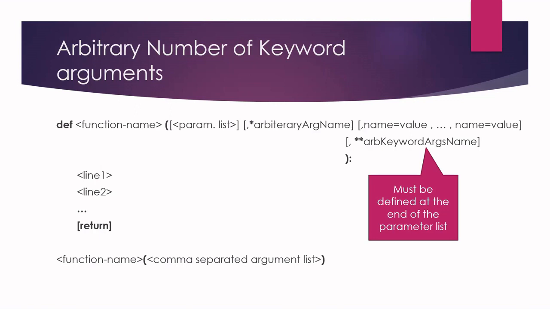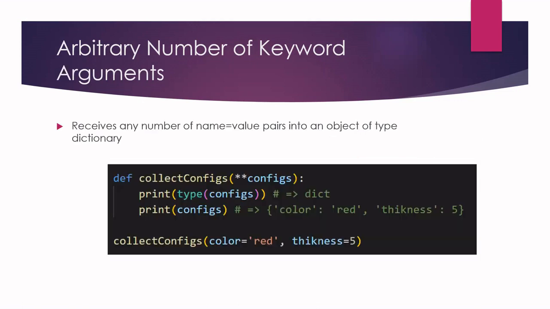Okay, so here when it's one star, it means that we are sending just values, a list of values or a set of values. When it's two stars, we are sending key value pairs, or name value pairs. So the way we send them looks like keyword arguments, but they are collected in a dictionary.